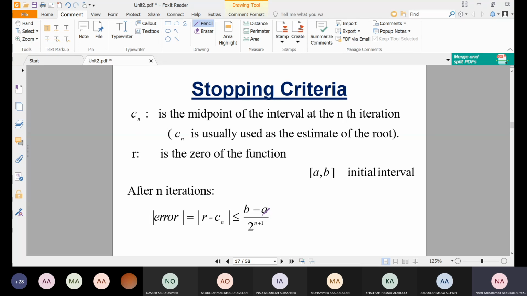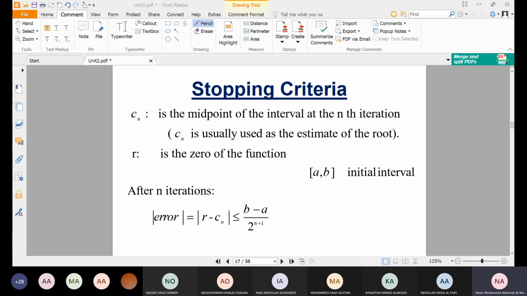So if I want to know how many iterations I need to stop, for example, if I know the predefined value of the error.